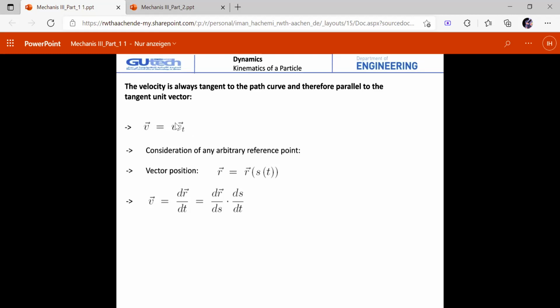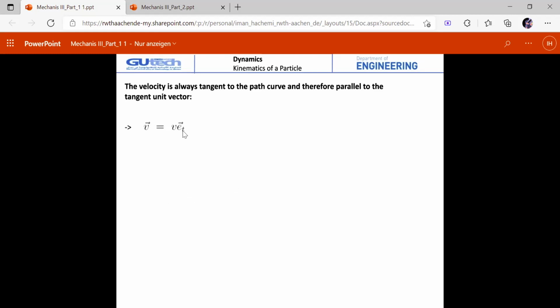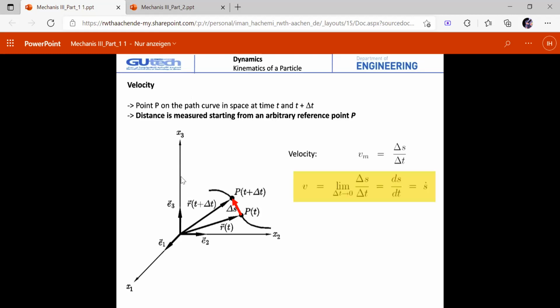ET is only the unit vector, also called the tangential unit vector, and as we said, it's always parallel to the path. At each position we have ET, which is tangent to the path.